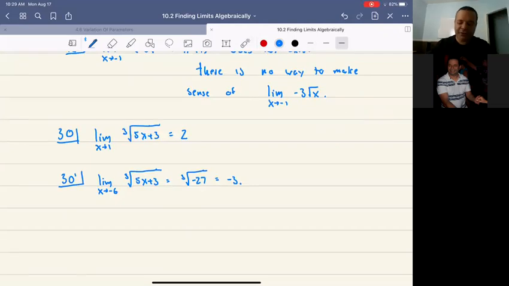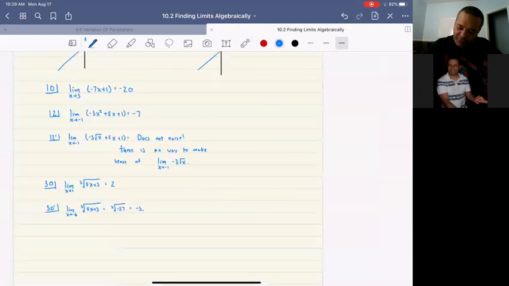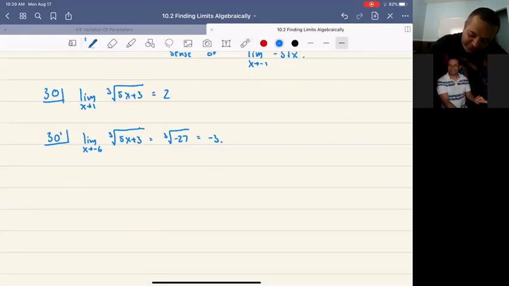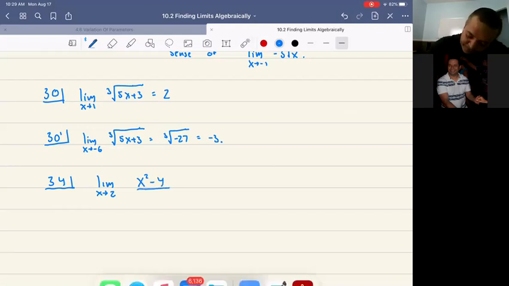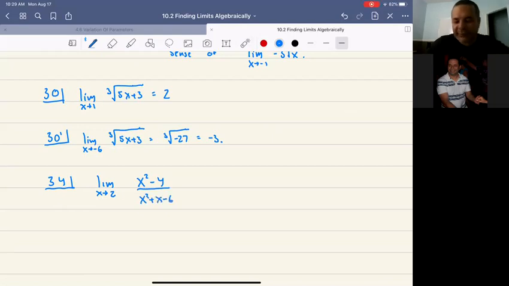All right, let's go to 34. And 34 is the first one of that second kind of limit. We're going to take the limit as x approaches 2 of x squared minus 4 over x squared plus x minus 6. Our first inclination is to plug the 2 in.